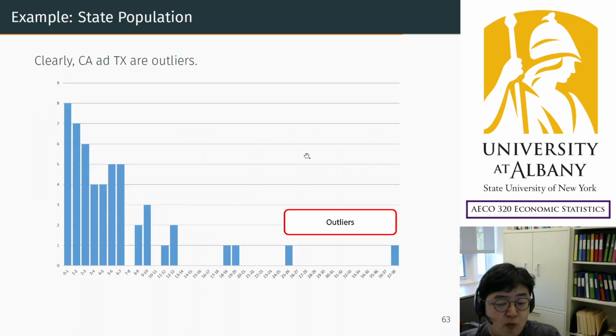Similarly, the first example that I introduced last video was population by state. Again, from the histogram, anyone can tell that California is a huge outlier, and maybe Texas could be thought of as an outlier. So these two bring the mean much larger than the median, right?